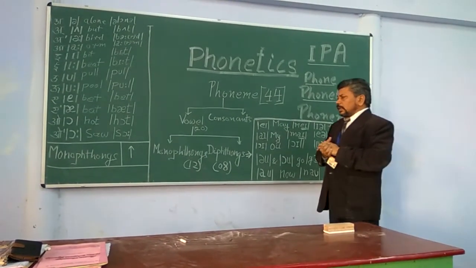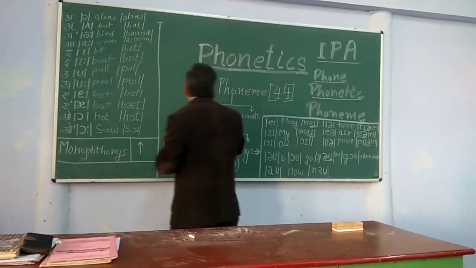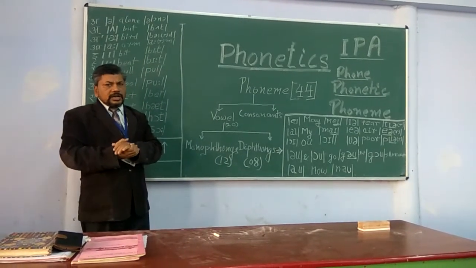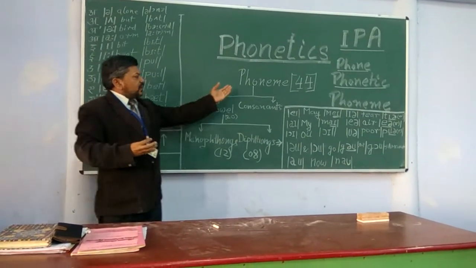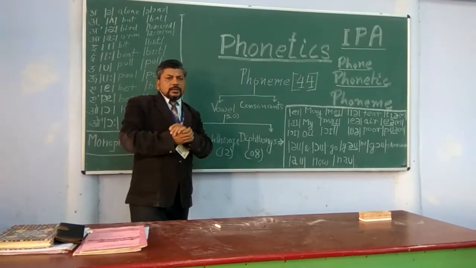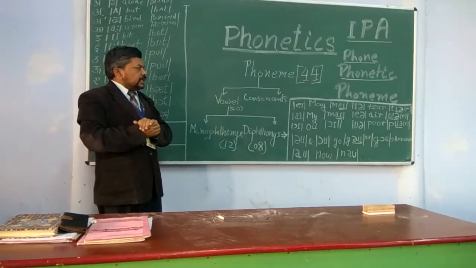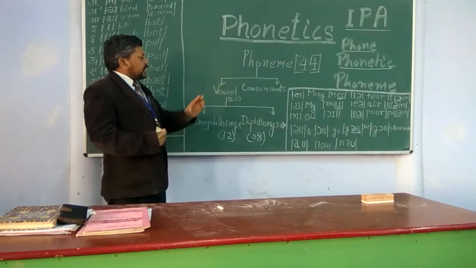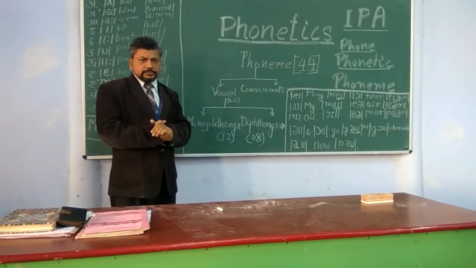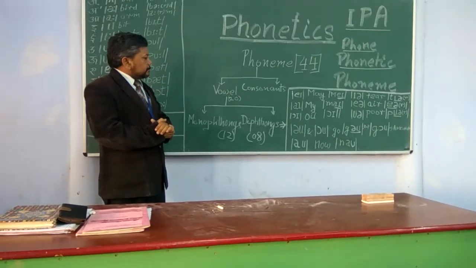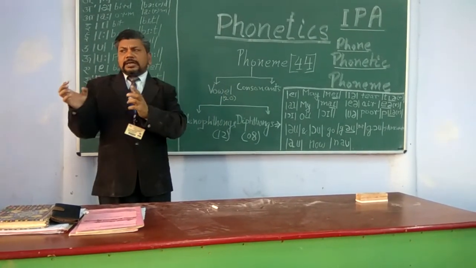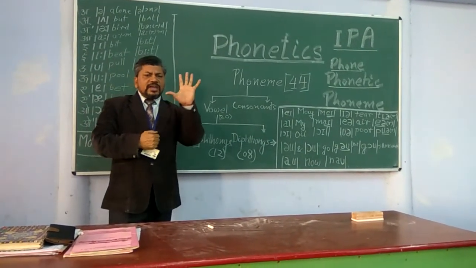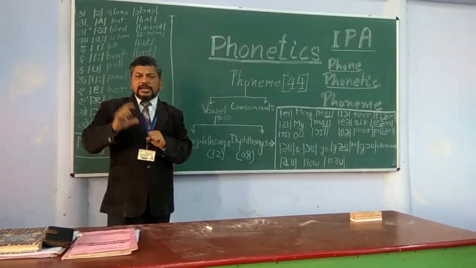And there are 44 phonemes categorized. They are different from the English alphabet, but in the English language these 44 phonemes are there. They are divided into vowels and consonants. If we look at the writing system of English, you will find that there are 5 vowels and 21 consonants.